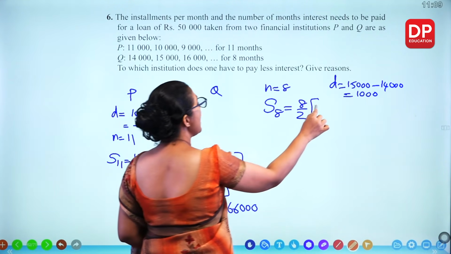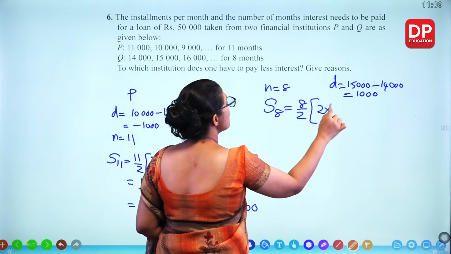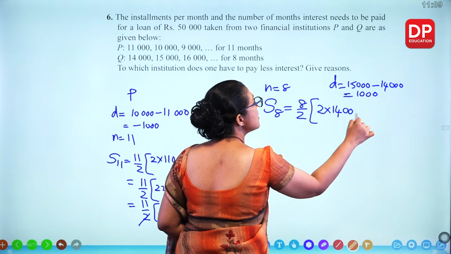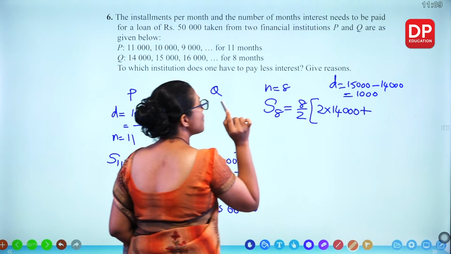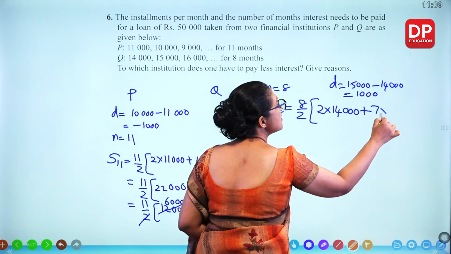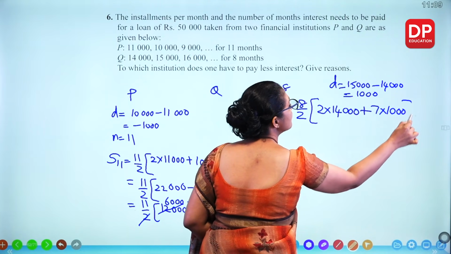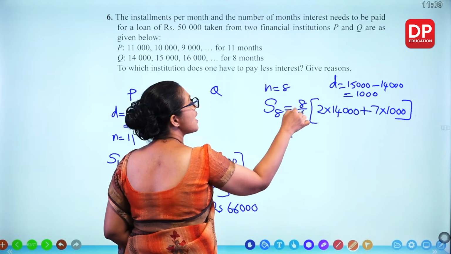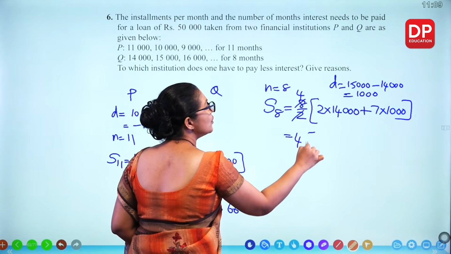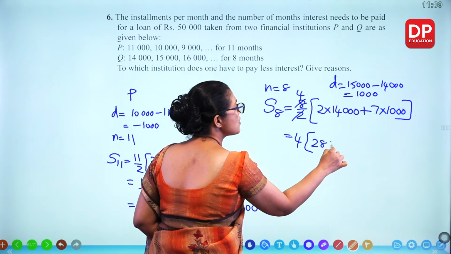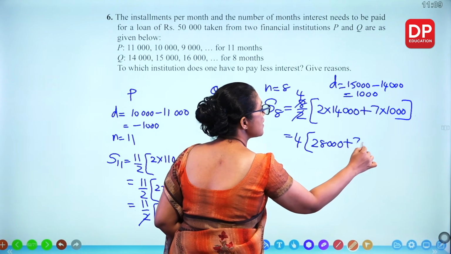So 2A, A is 14,000 plus N minus 1, that's 7D. D is 1,000. So 2 times 4, this is 28,000 plus 7,000.